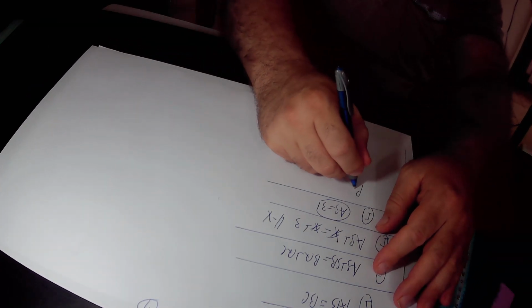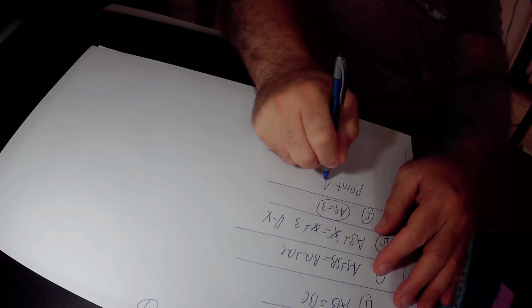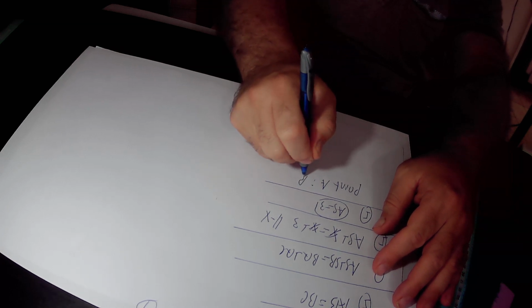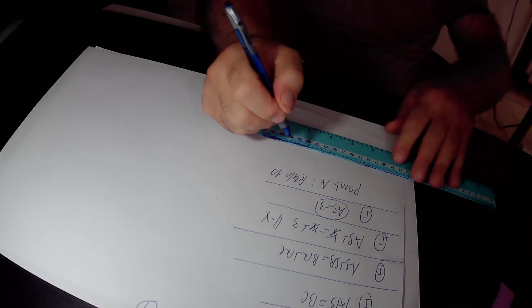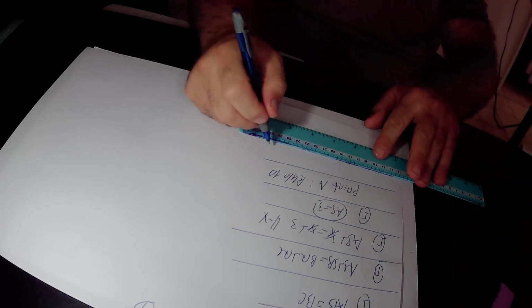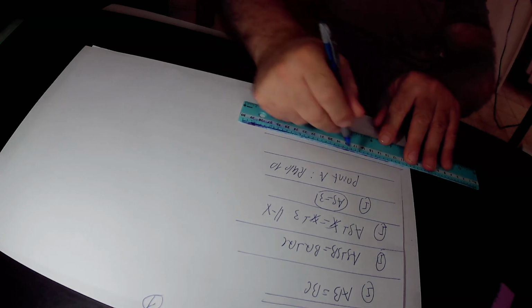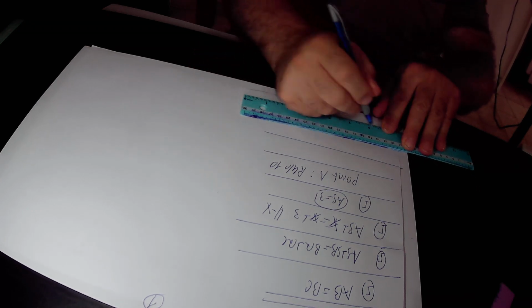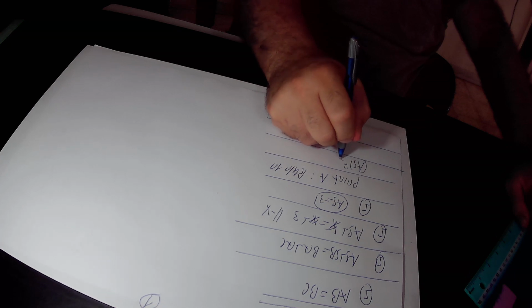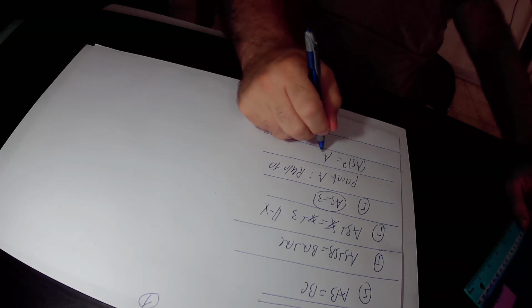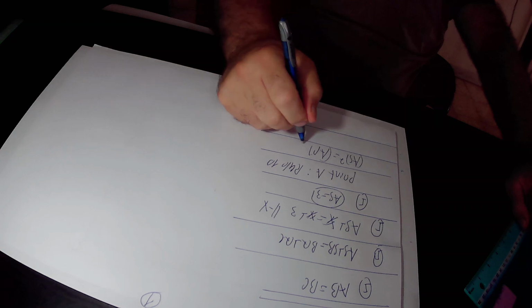If we focus on the current standpoint point A, according to rule 10, the following equation is true: AS square equals to AP times AM.